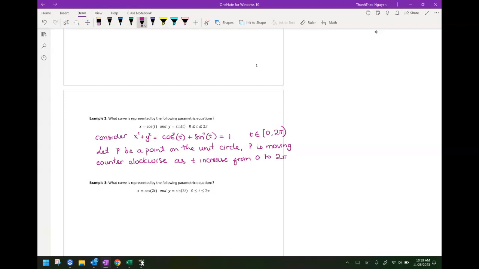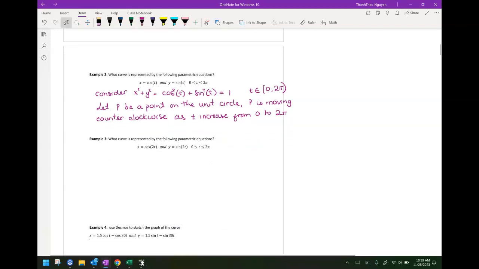Right, so that is the parametric equation of the circle.